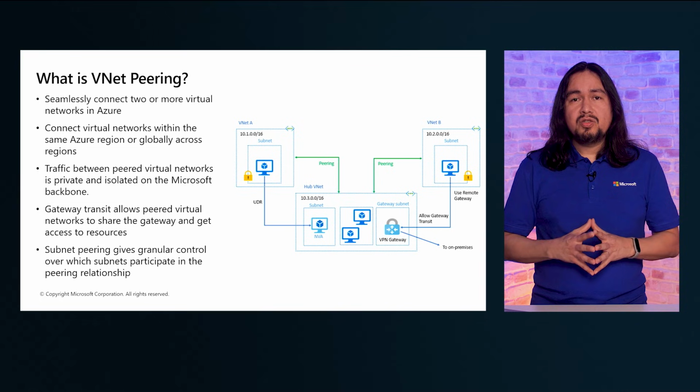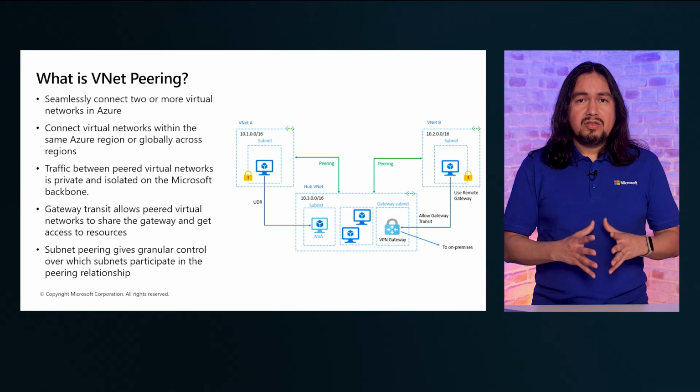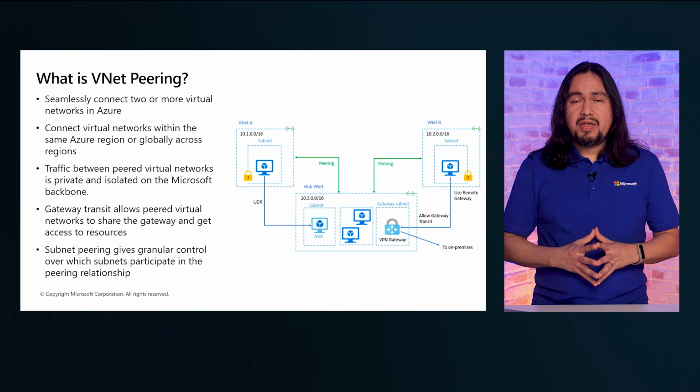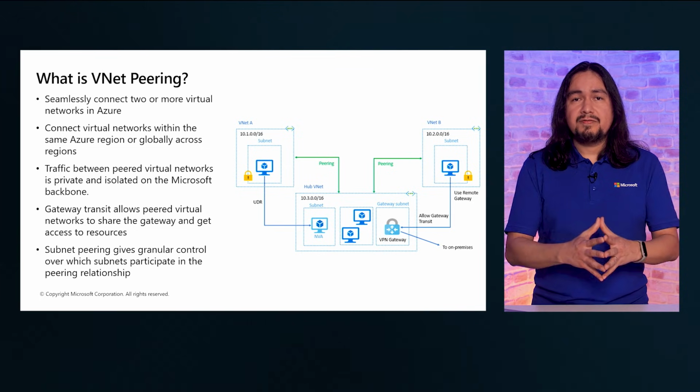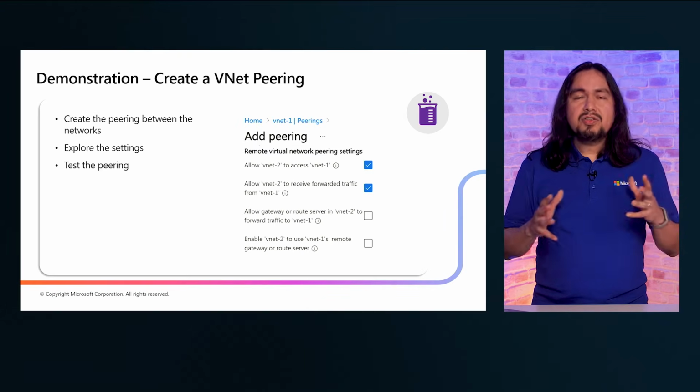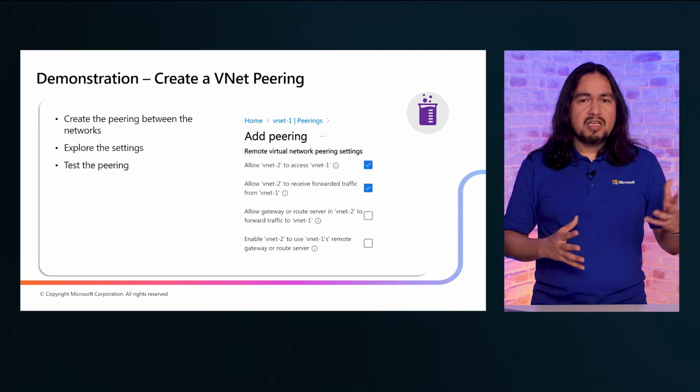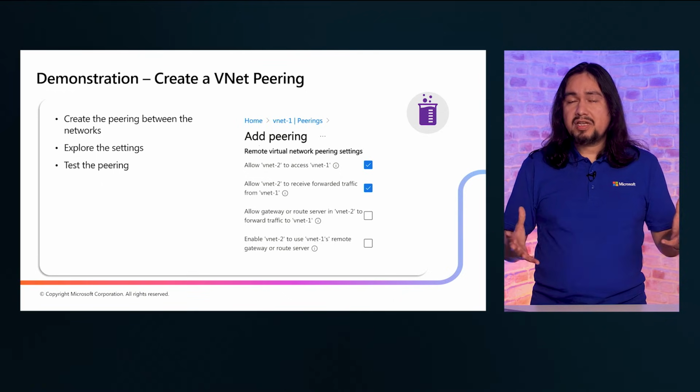Also, now you can do peering with subnets. So you can now choose between peering through an entire virtual network or just peering to a specific subnet in Azure. Now let's see how to create a virtual network peering, explore the settings, and test the peering.